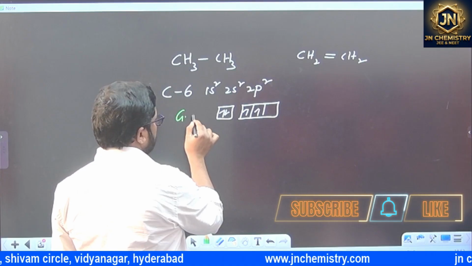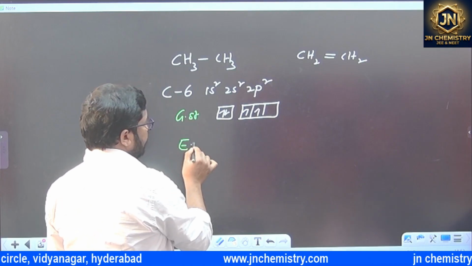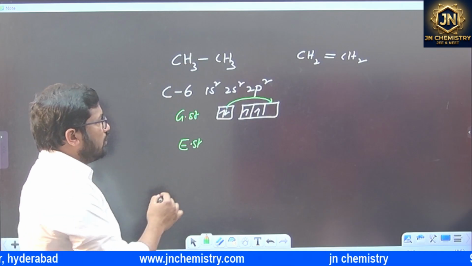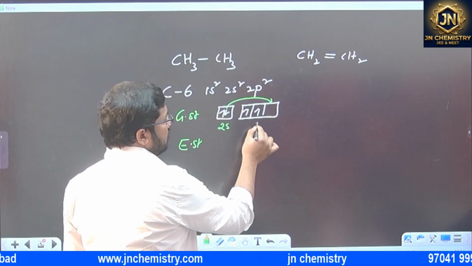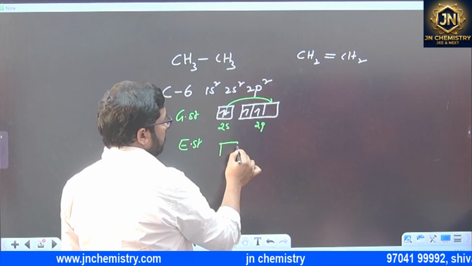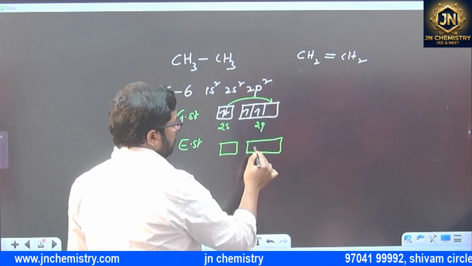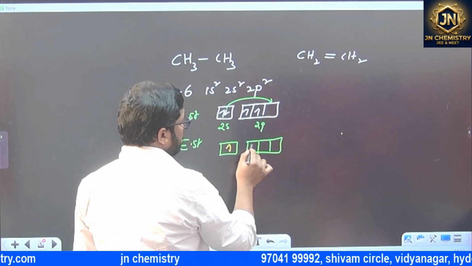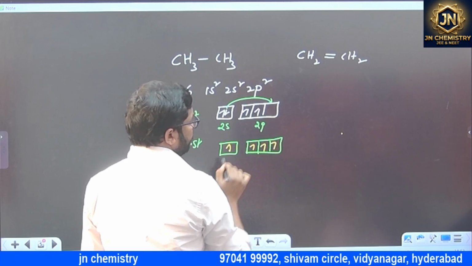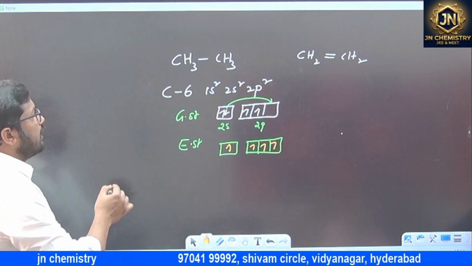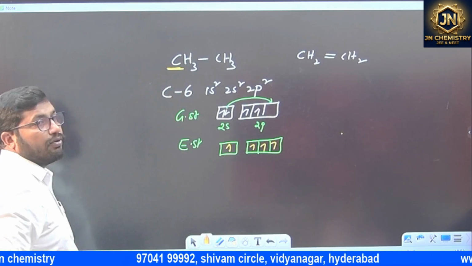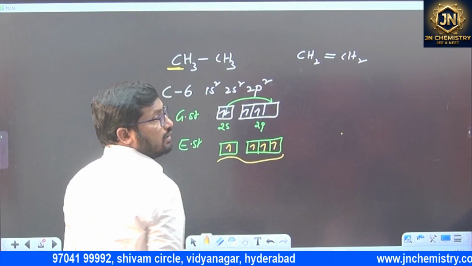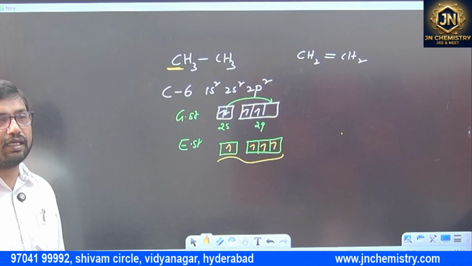In excited state, what exactly happens? One of the electrons is jumping from 2s to 2p. So 1, 2, 3, 4. Now this carbon undergoes which hybridization? The 4 single bonds are there, right? sp3. In hybridization, orbitals are participating, not the electrons.